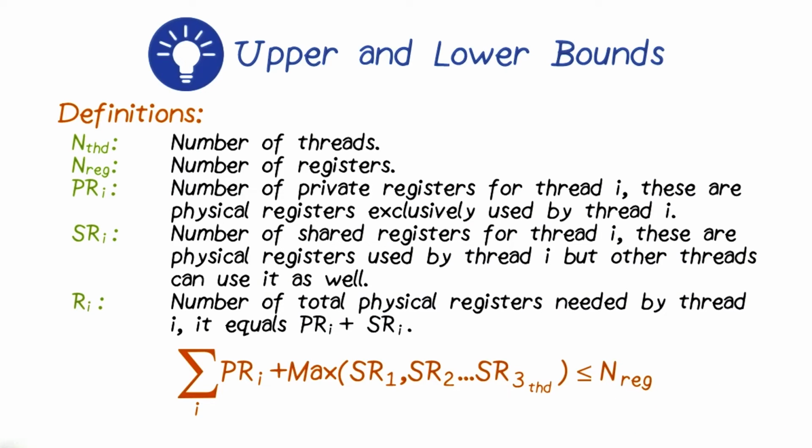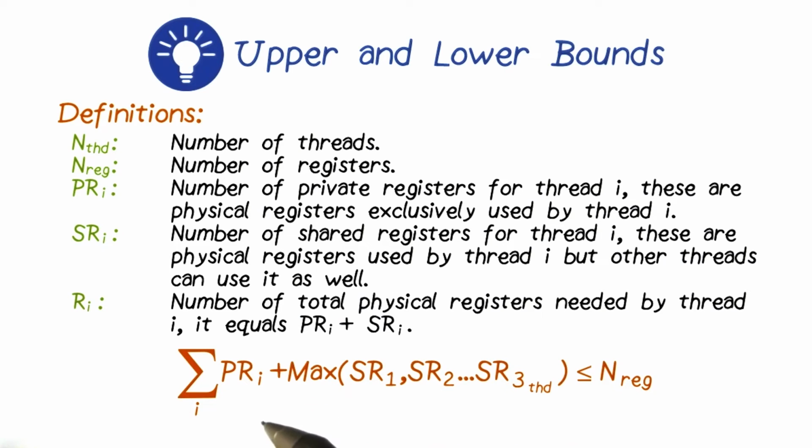So for example, if we give 3, 5, and 7 registers to 3 threads as private registers, we take their sum, 3, 5, and 7, which will be 15 registers given as private registers.